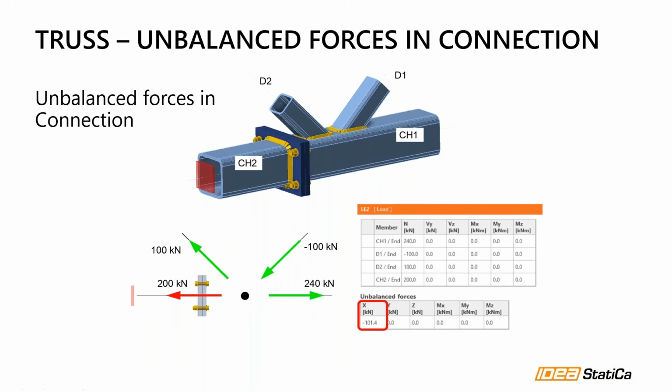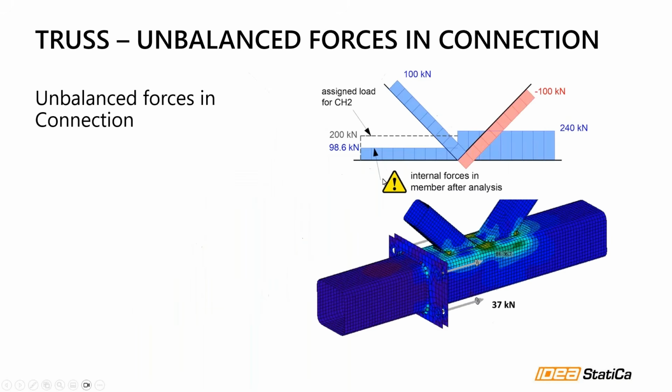And what does it cause? As you can see, the force here is 98 kilonewton. It should be 200, and this is the reason why the forces have been decreased and are wrong, and you will get a lowered value of the forces in the bolts.